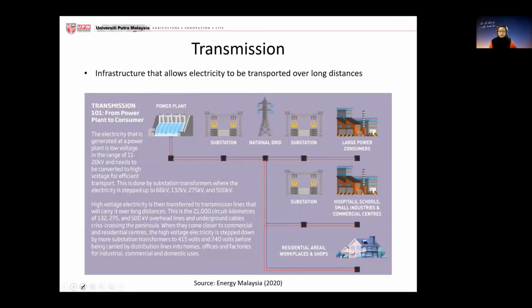This is similar to what I have already explained before, so you are welcome to pause and read it if you'd like. However, what I want to highlight here is the national grid.